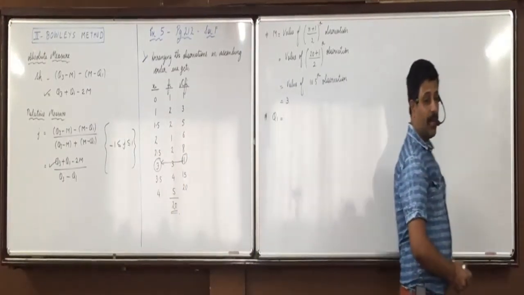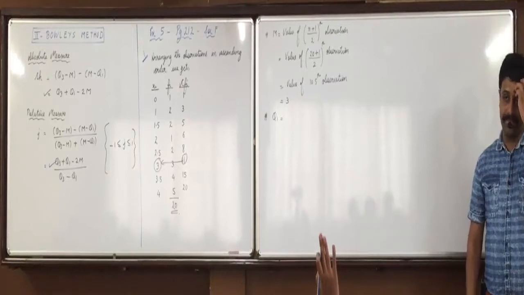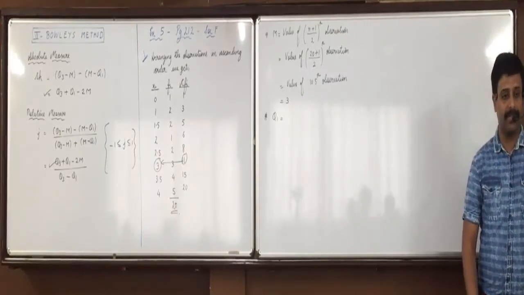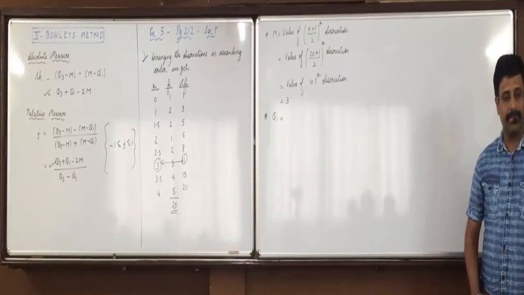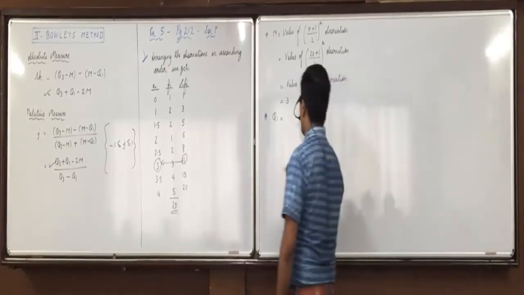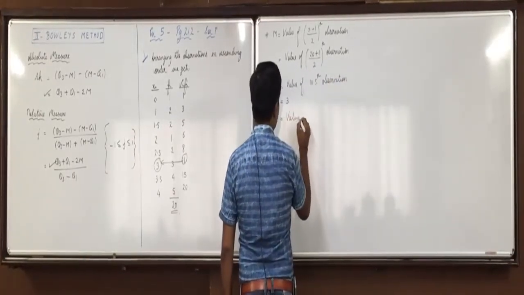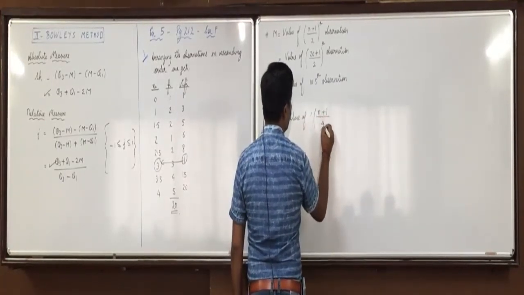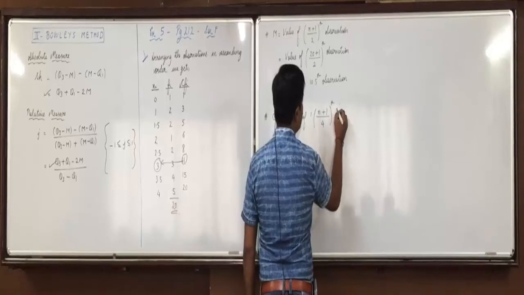Now same way, raise your hand. What will be the formula for Q1? Value of (n plus 1) upon 4th observation. Yes, value of 1 into (n plus 1) upon 4th observation.